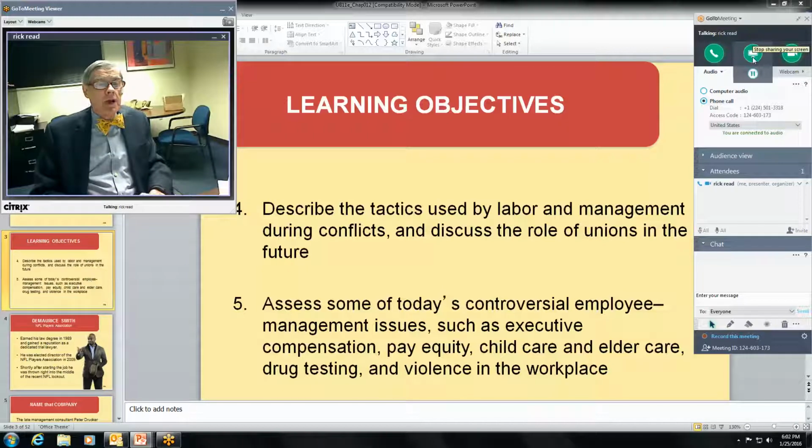Then assess some of today's controversial employment management issues, such as executive compensation, pay equity, child care, elder care, drug testing, and violence in the workplace.